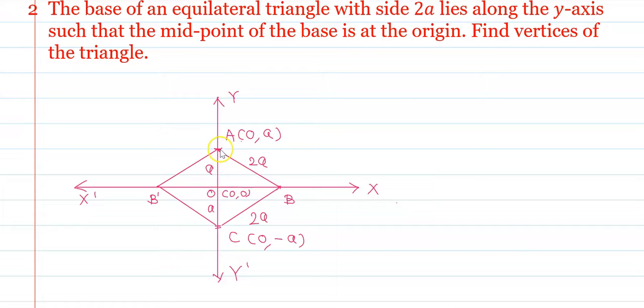Here the x-axis and y-axis, the angle between them is 90 degrees. Here we consider the triangle AOB.